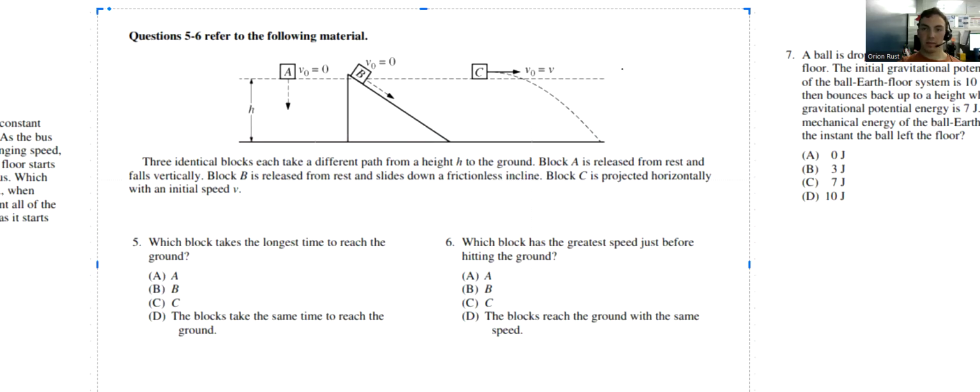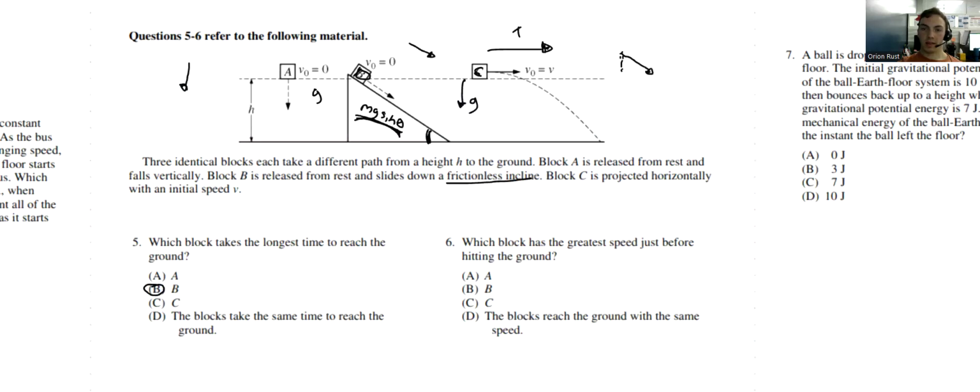It'll be the exact same magnitude as the y version of block A, but in addition, it'll have the magnitude of the x direction. So C will have the greatest speed before hitting the ground.